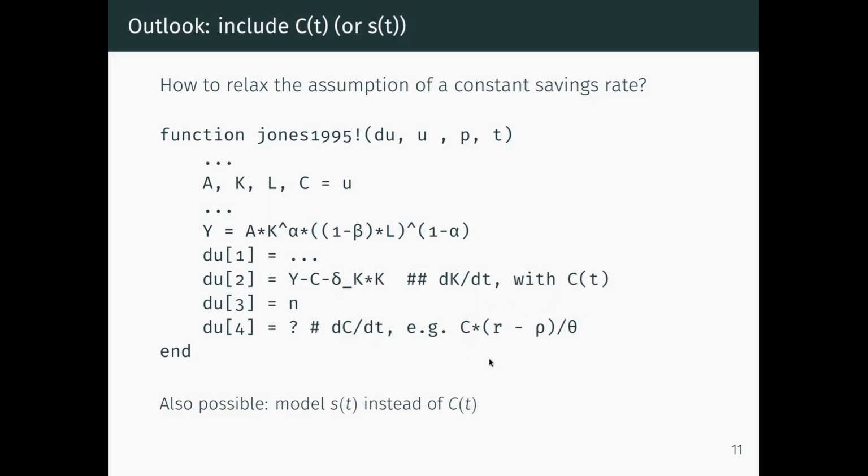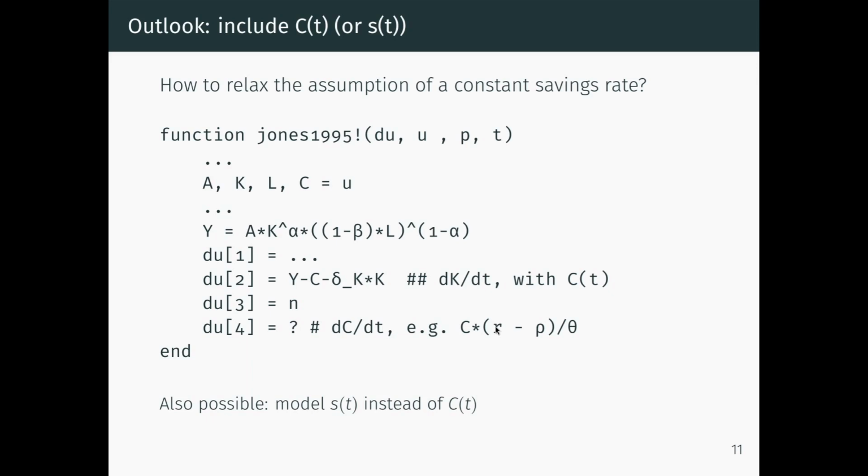That of course depends on which utility function you assume and how evolved your model would be, because you probably want to endogenize R as well, so that the rate of return changes over time.